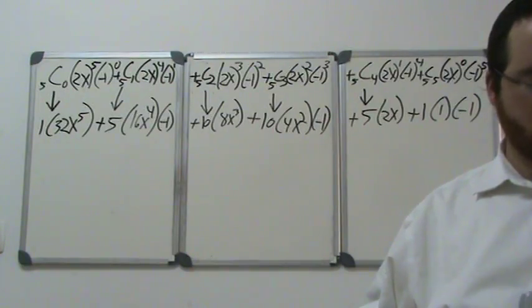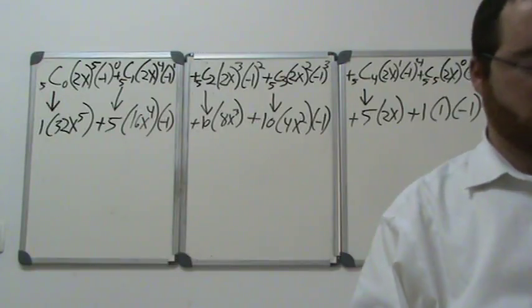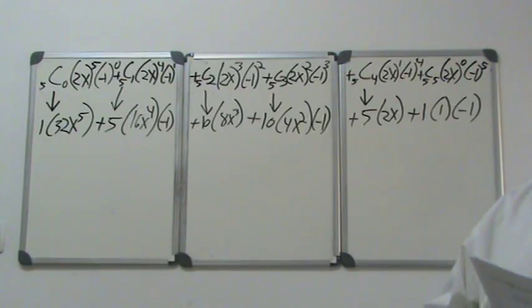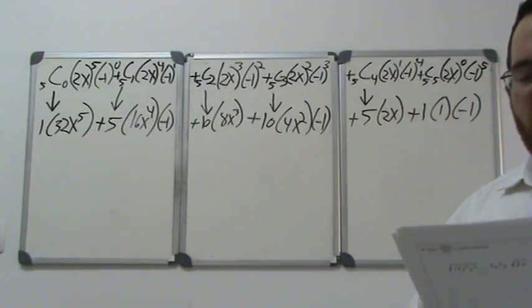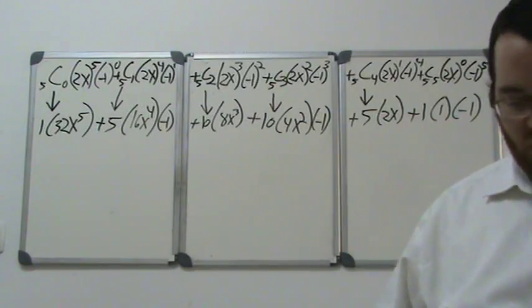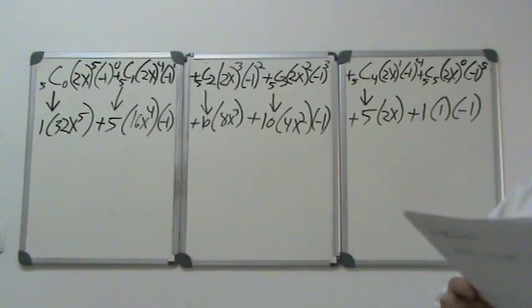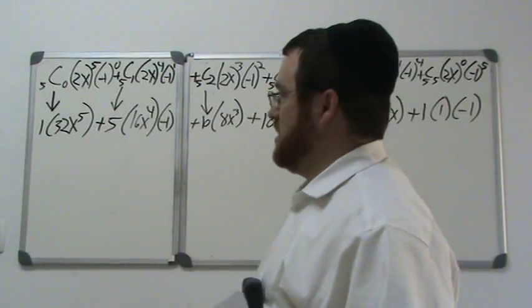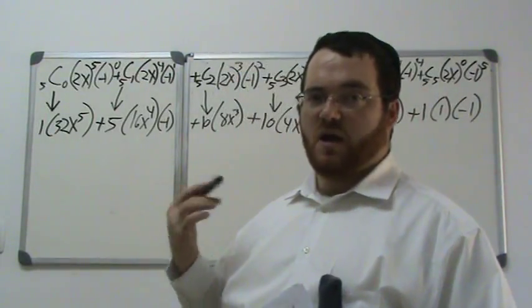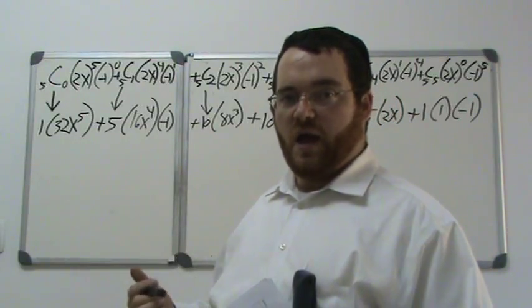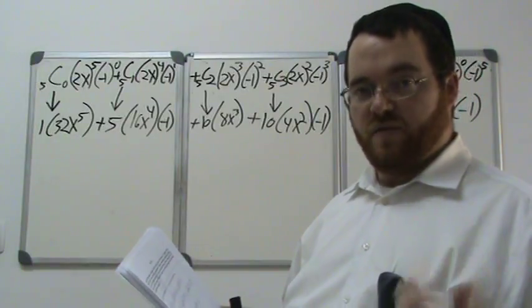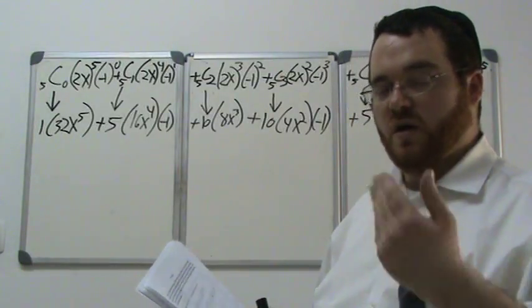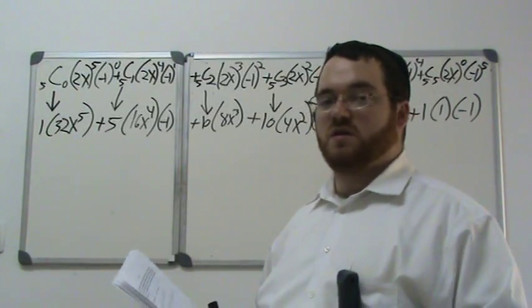Question 36. Write the binomial expansion of 2x minus 1, where 2x minus 1 is raised to the 5th power, as a polynomial in simplest form. So a binomial expansion is where you take combinations, and the first one, let's say the 2x, will have the highest power you started with, and the minus 1 will start with the 0 power.